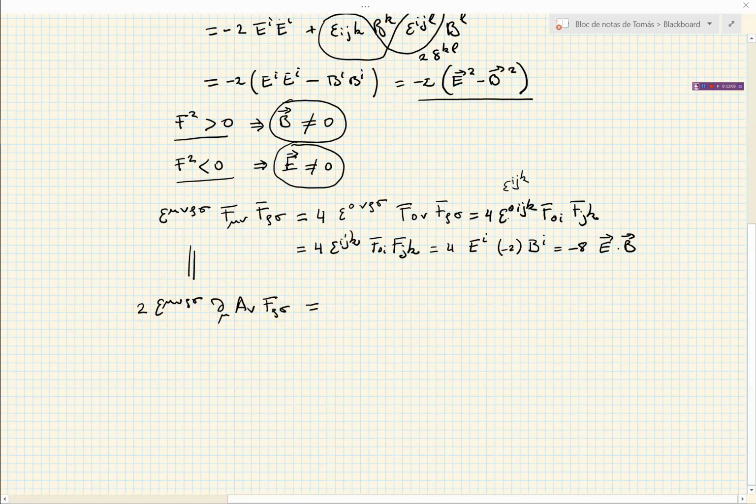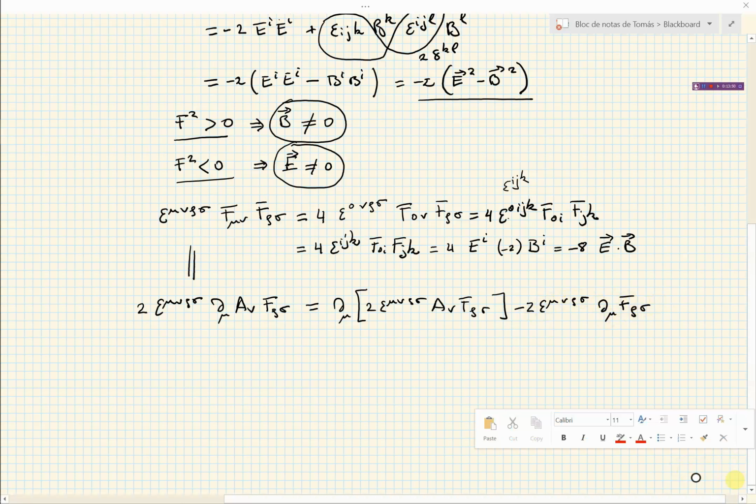And now let me integrate this by parts. So I have partial mu of epsilon mu nu rho sigma A nu F rho sigma, minus 2 epsilon mu nu rho sigma partial mu F rho sigma, and then outside of the derivative A nu.